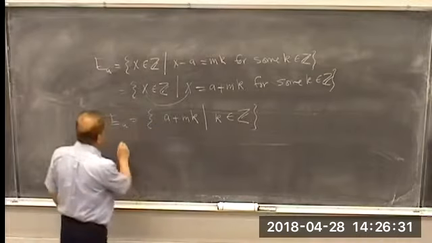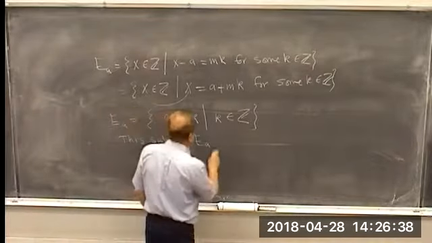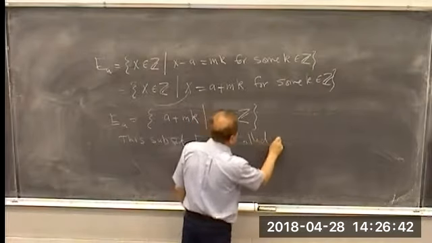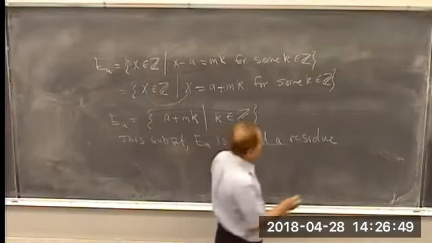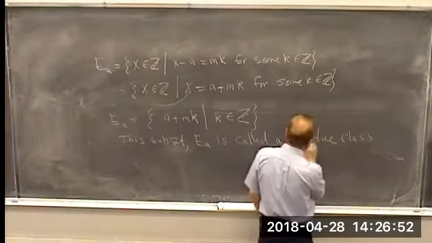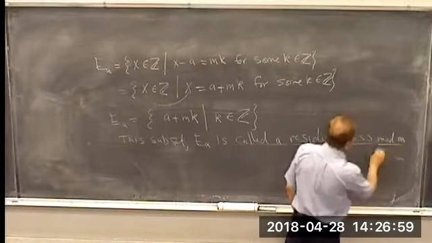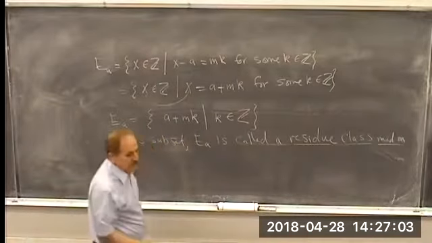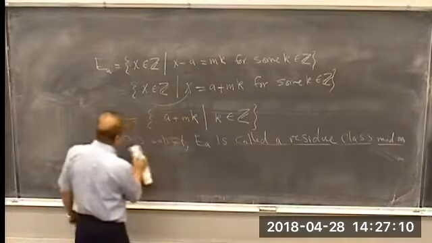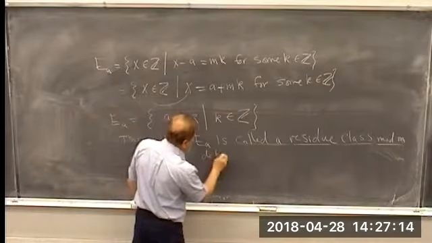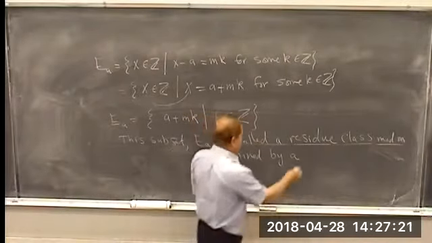This subset E sub A is called the residue class mod M determined by A, or of A, if you wish.